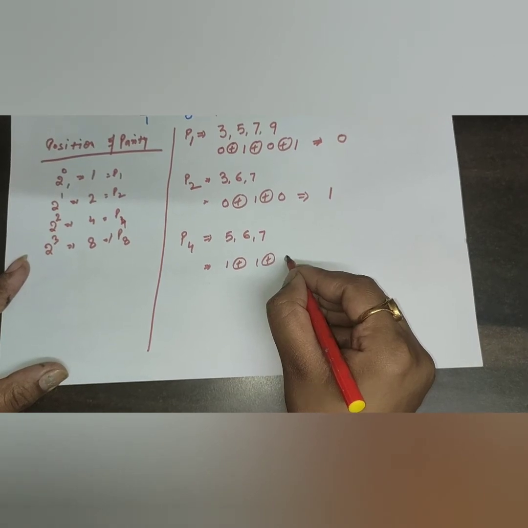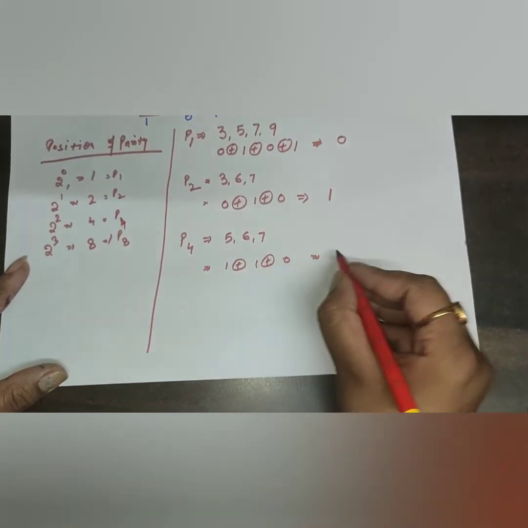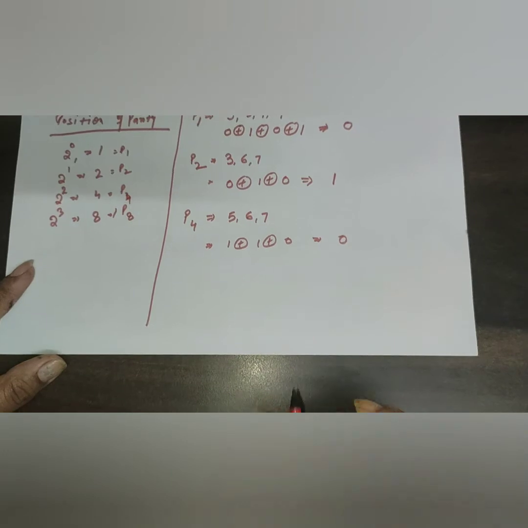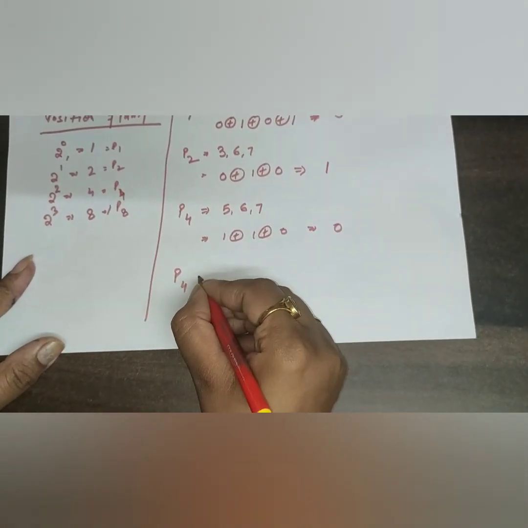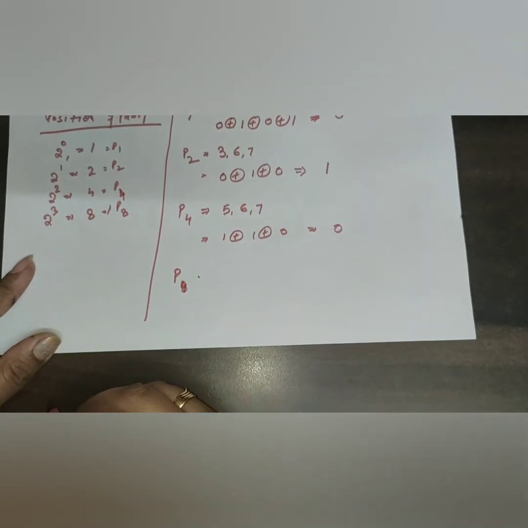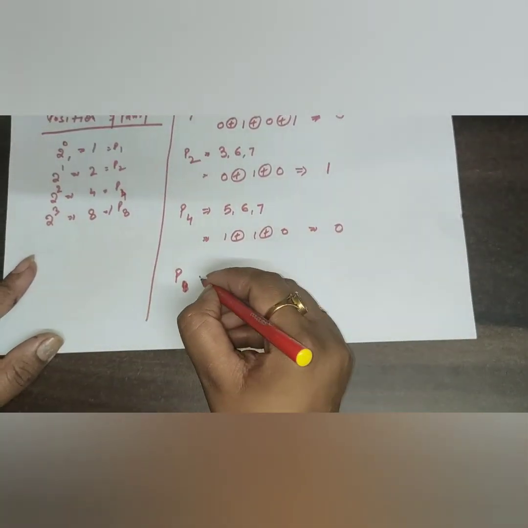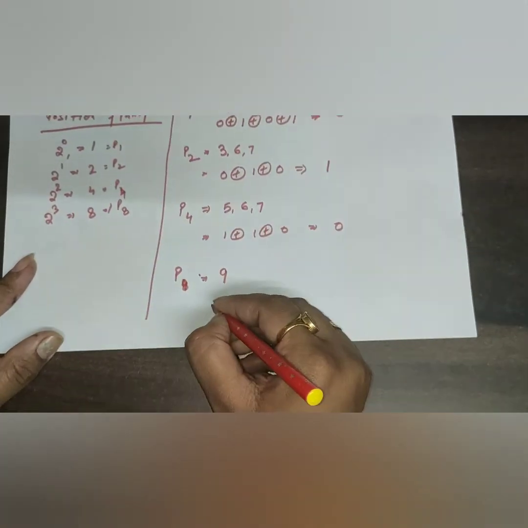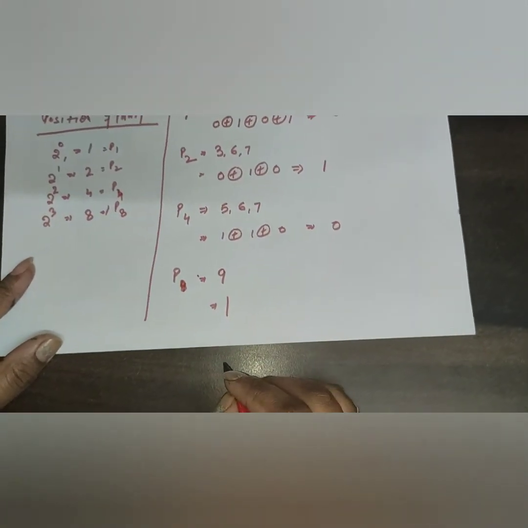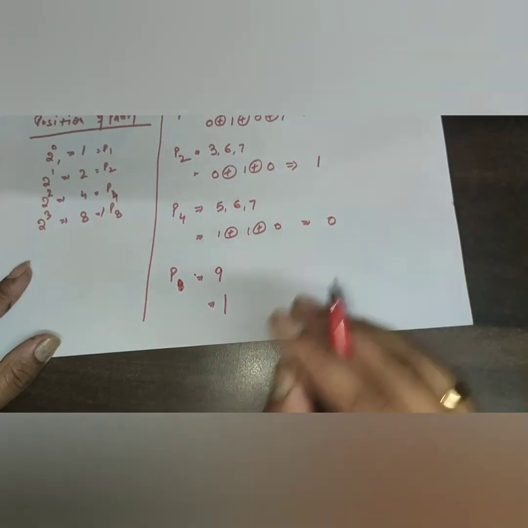Okay. Now two ones are there, so there is a 0. Now P8. P8 will be only 1, that is 9. So 9 only is 1 here. So we have our parity bits.